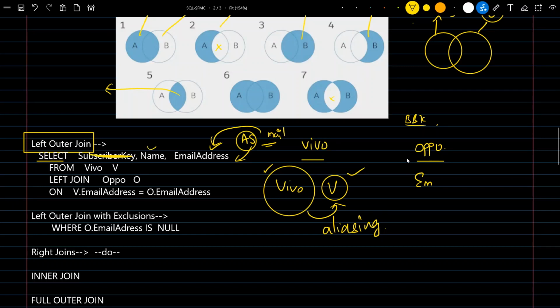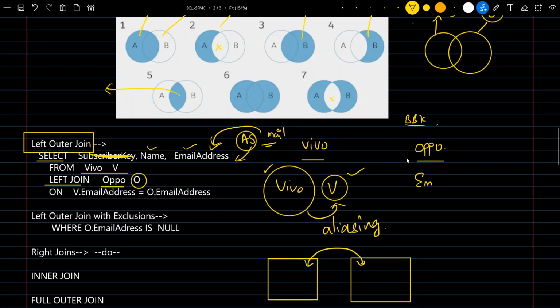Selecting the name and email address from the Vivo data extension and joining it with Oppo. Let us represent Oppo with simply O. So here we are left joining. In general, what is left joining? When we are joining two data extensions, there should definitely be one common attribute between both so that the joining can happen.